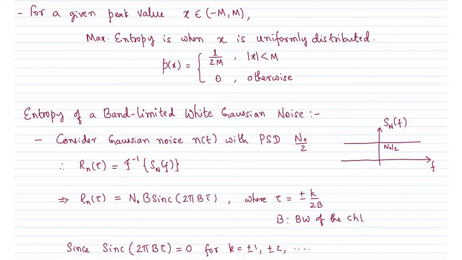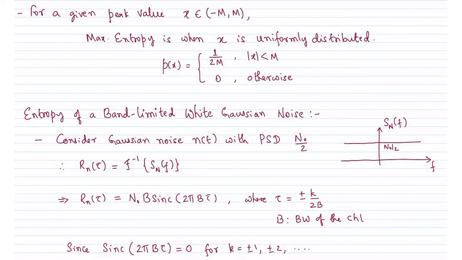Here tau is the crossover value, where the sinc crosses the x-axis, at integral multiples of 1 over 2B, where k is an integer. B is the bandwidth of the channel.